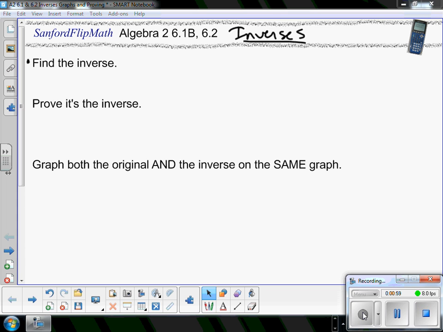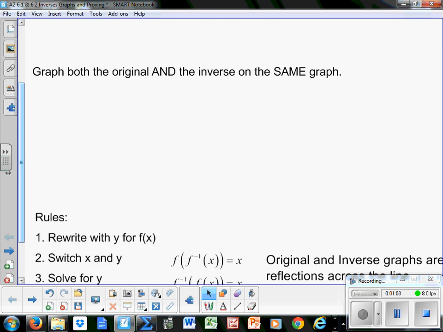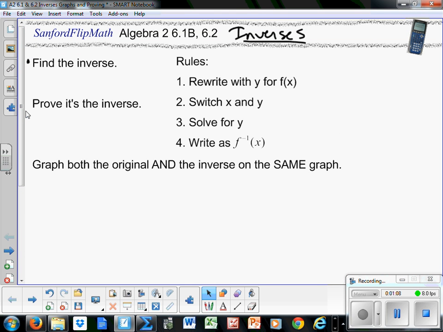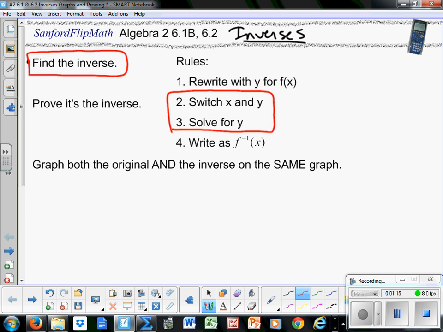Okay. So first of all, in finding the inverse, the basic idea of inverse is switching x and y. That's the heart of finding the inverse: switching x and y and solving for y, and then a lot of times there's some notation involved.